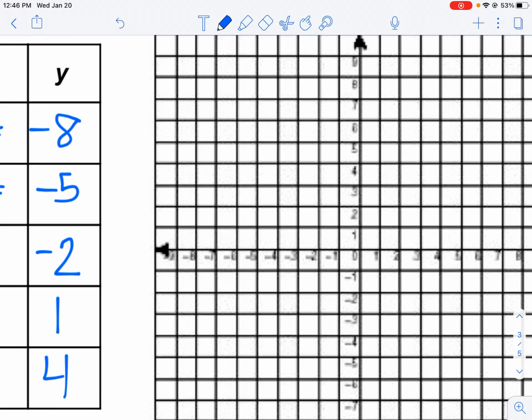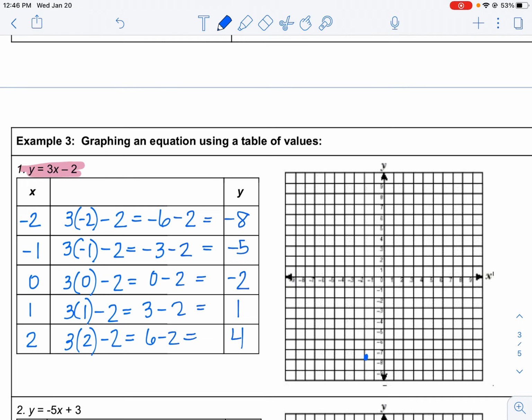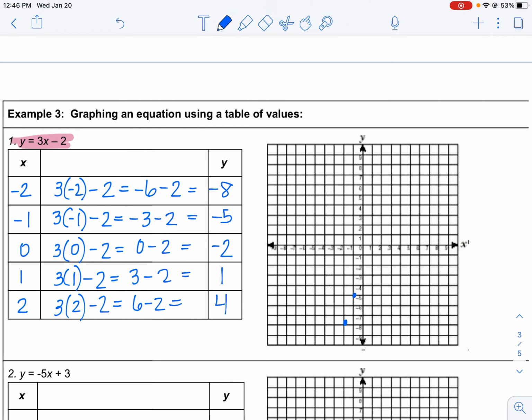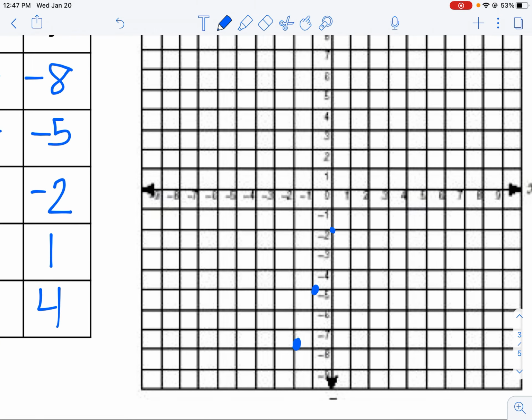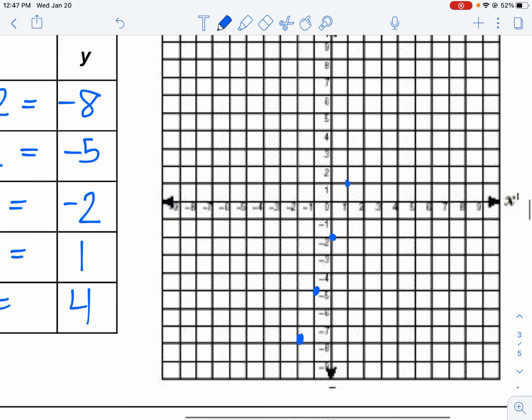So I have -2, -8. I have -1, -5. I have 0, -2. I have 1, 1. And I have 2, 4.